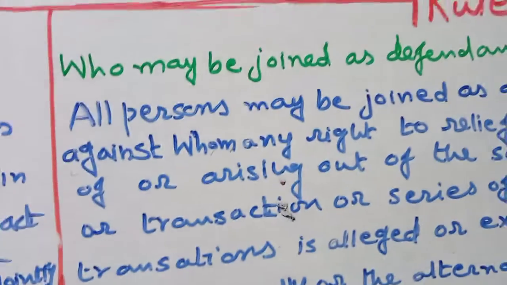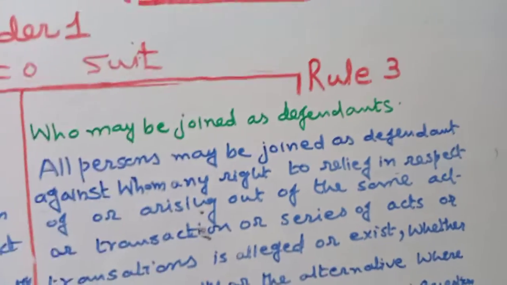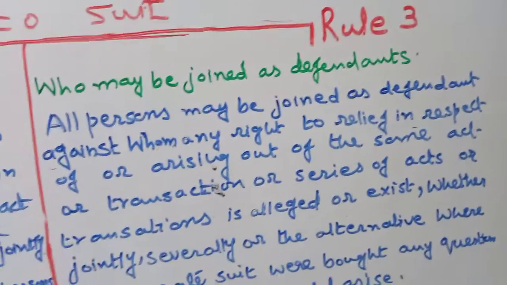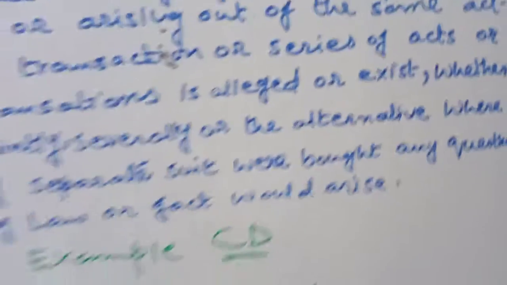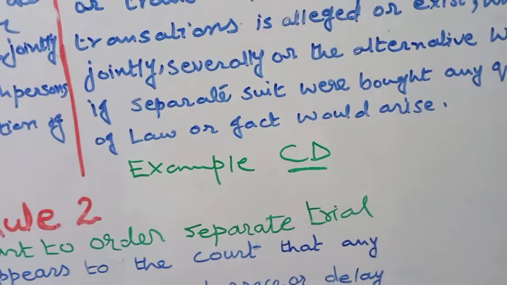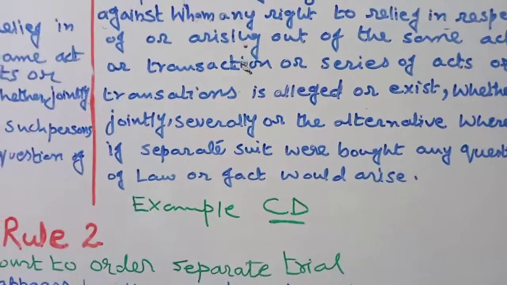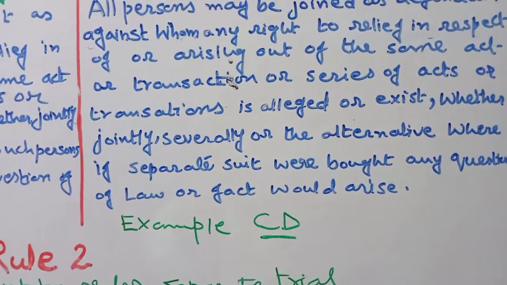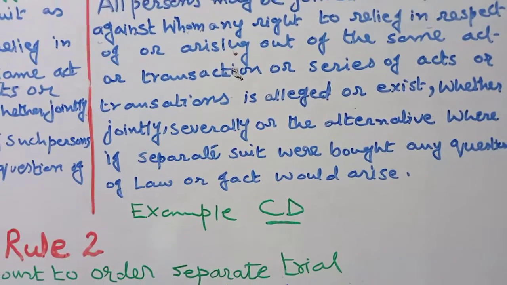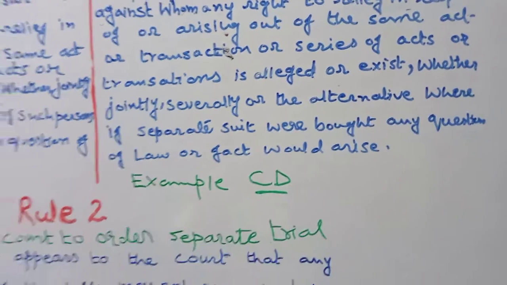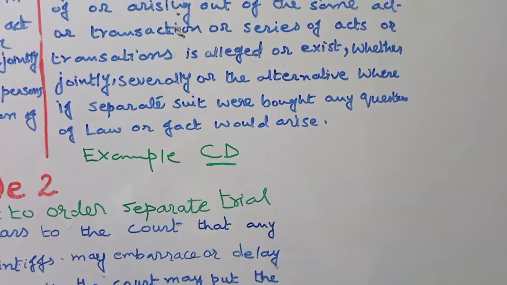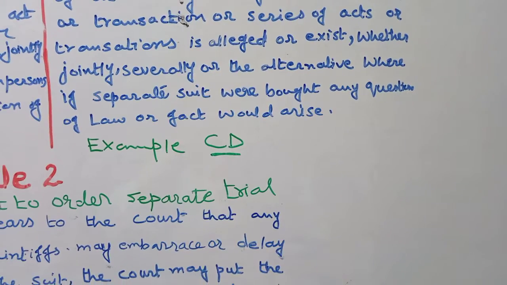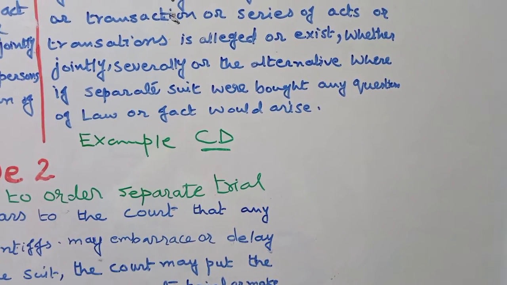All persons may be joined as defendants against whom any right to relief in respect of or arising out of the same act or transaction or series of acts or transactions is alleged to exist, whether jointly, severally, or alternatively, where if separate suits were brought, any common question of law or fact would arise.